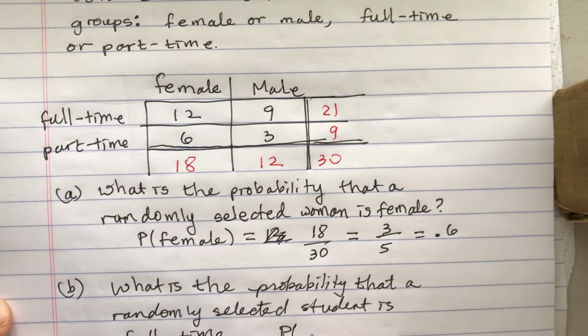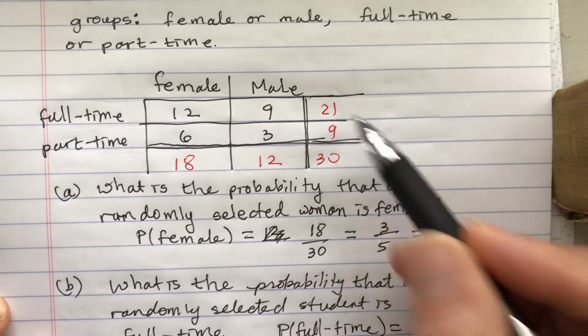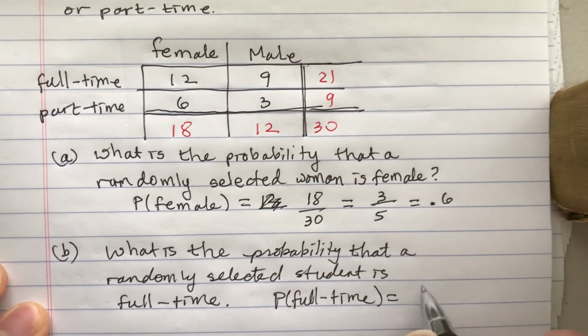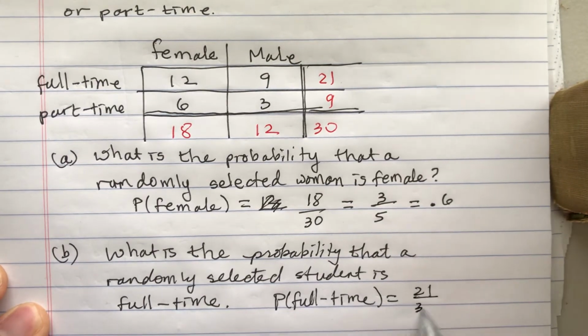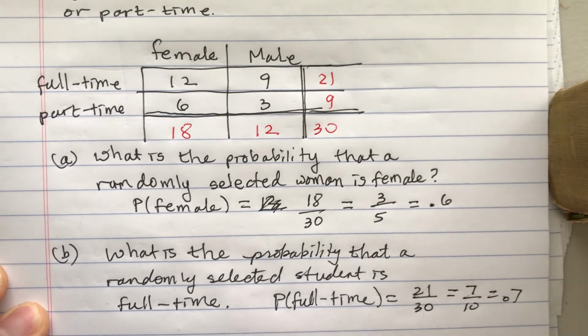So the probability of full-time is going to be the number of full-time students in total, which is 21, divided by the total number of students, which is 30. We can divide the numerator and denominator by 3 and get 7 over 10, which is 0.7.